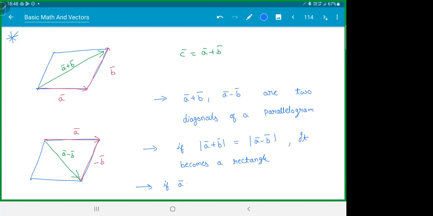And if the vector A bar becomes perpendicular to B bar, and both the vectors are equal, it becomes a square. If mod A becomes equal to mod B bar, it becomes a square.